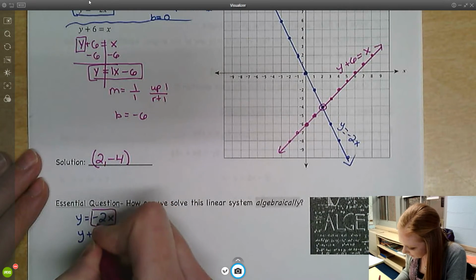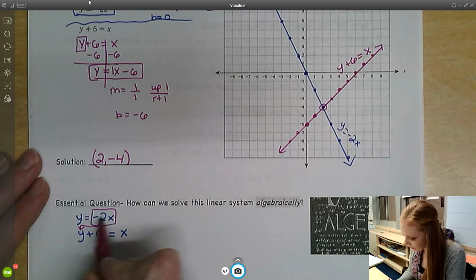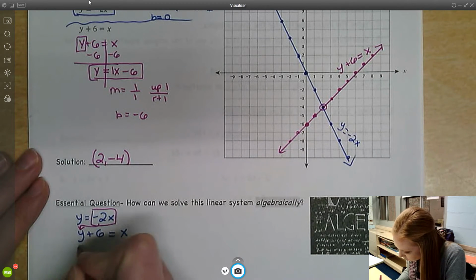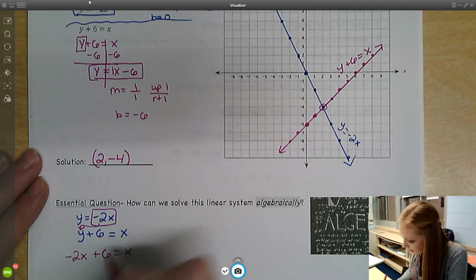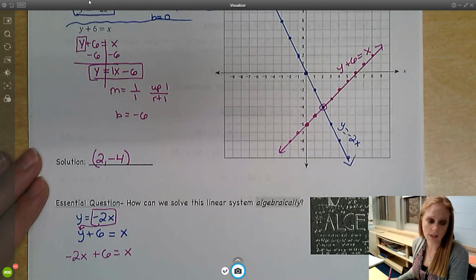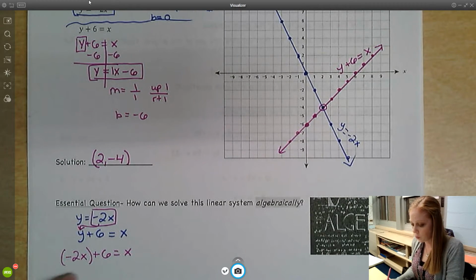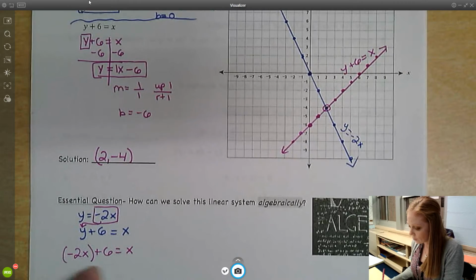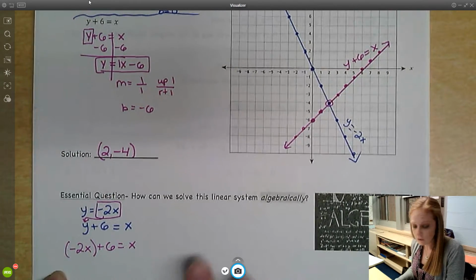So I can take that -2x and plug it in for y because -2x equals y. So instead of y, I can write -2x, and then I can bring down my +6 and my equals x. I'll even put in parentheses so you see that instead of our y, we're plugging in -2x. Now we have an equation with everything in x instead of x and y, so we can solve for x.